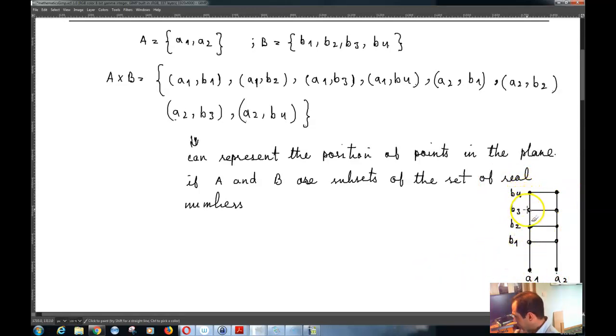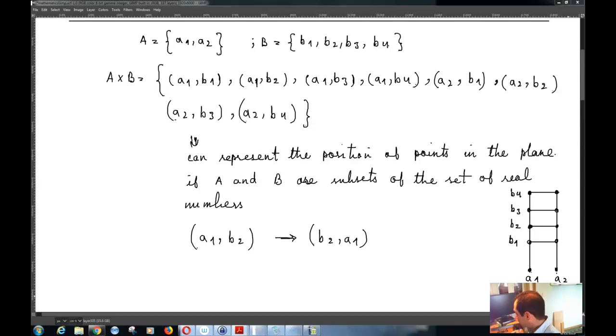So A1, B2 would be different from B2, A1, meaning that the order here does actually matter. Although in these 2 ordered pairs we are dealing only with A1 and B2, the order is different.